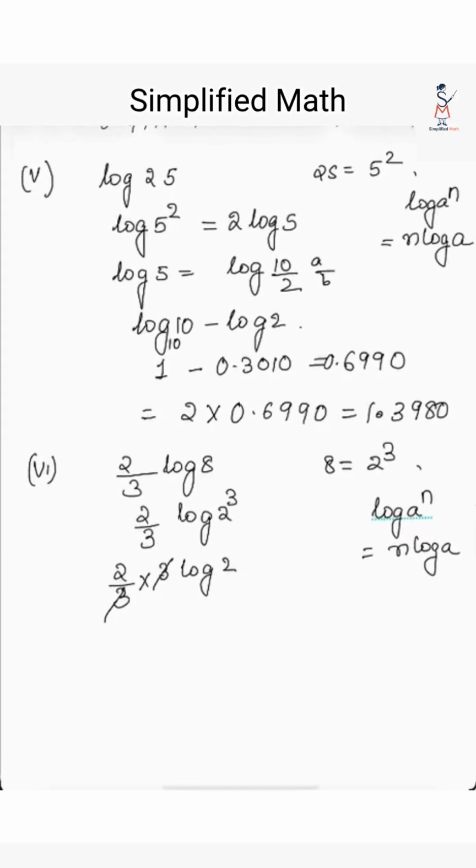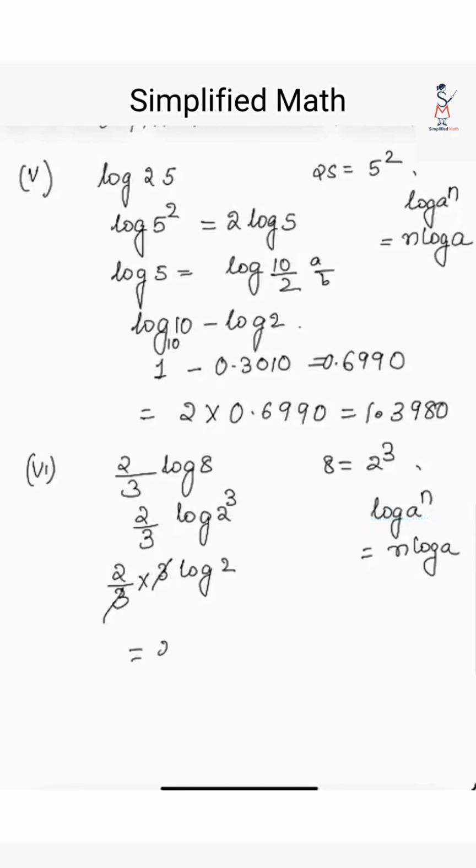So this will become 2 into log 2. What is the value of log 2? It is 0.3010. This will become 0.6020. So this is how we will find.